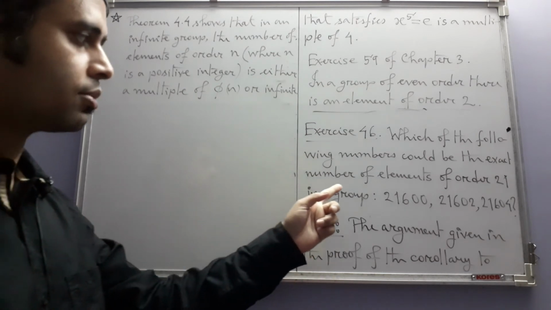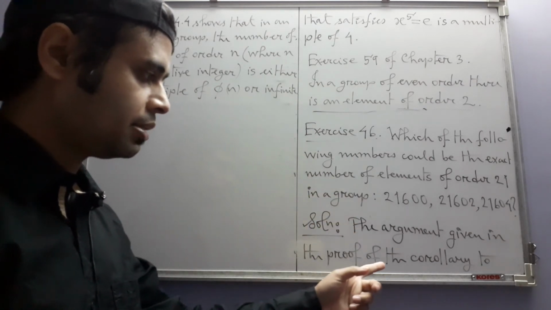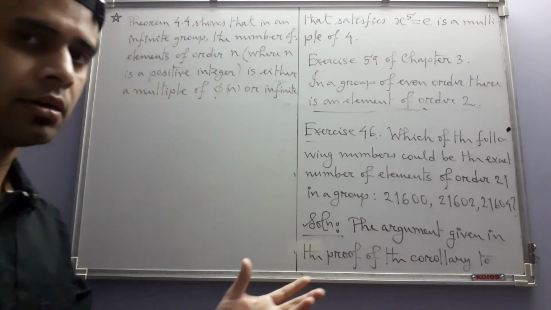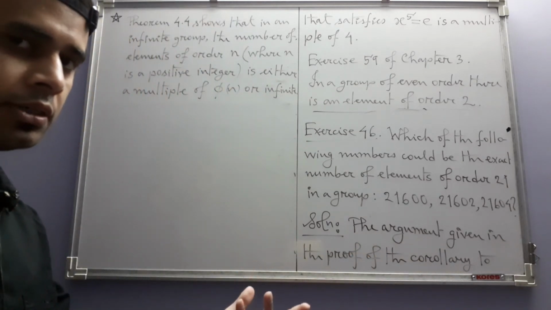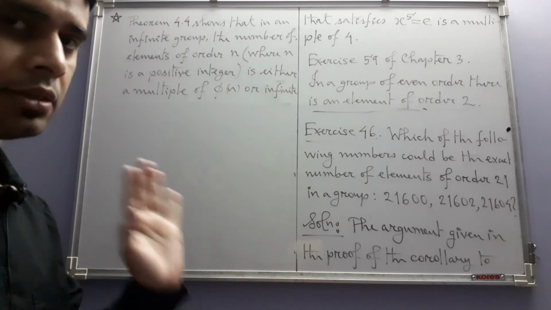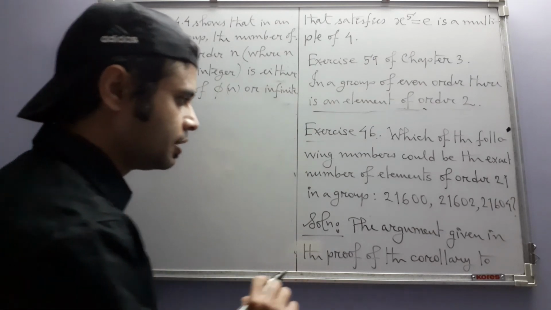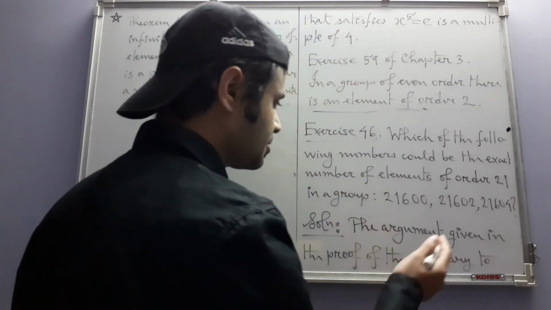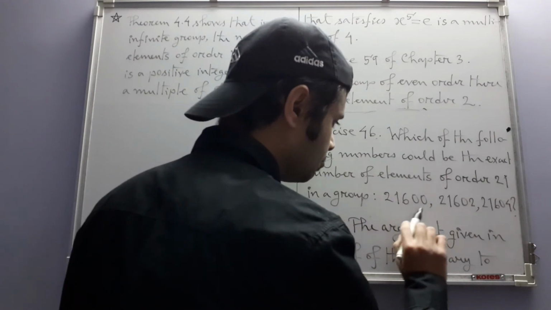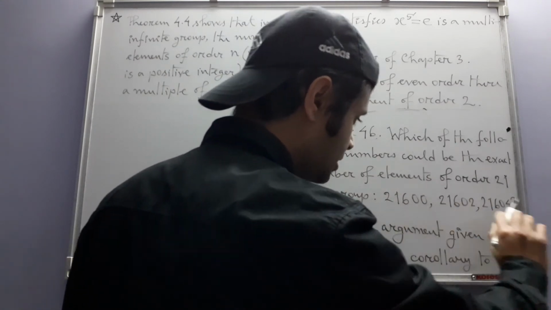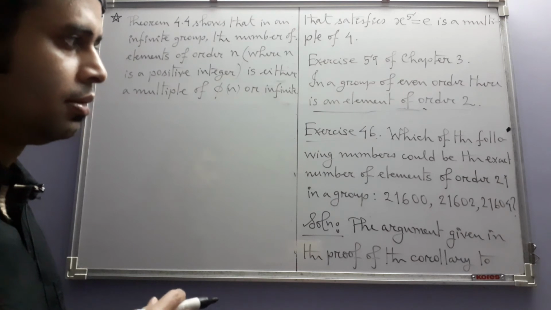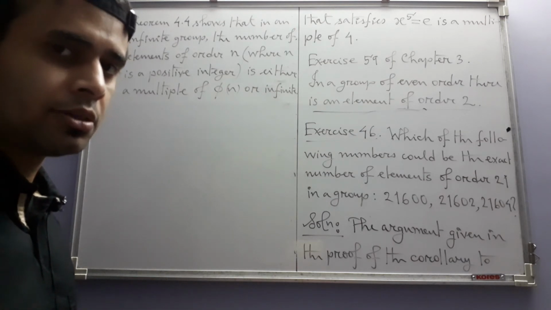But if our group is finite, then by the corollary itself, the number of elements of order 21 is a multiple of phi of 21. Now, it has been asked which among these numbers is the possible number of elements of order 21.